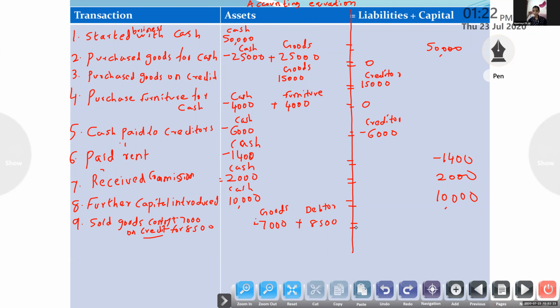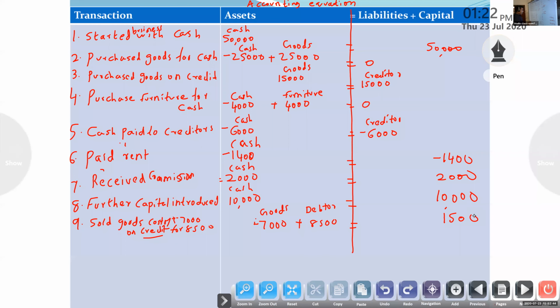Any profit is there in this transaction? 7,000 only cost. We sold for rupees 8,500. Profit is there. What we had to do? You have to add with capital. So 1,500 is equal to 1,500.